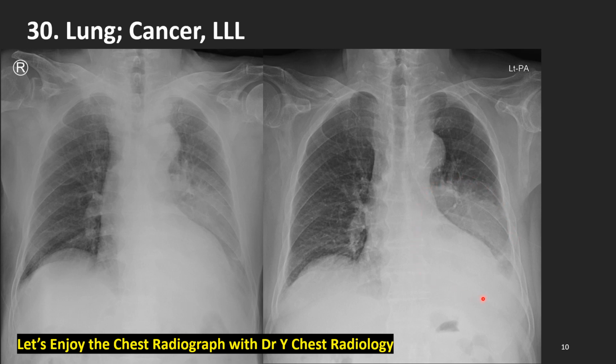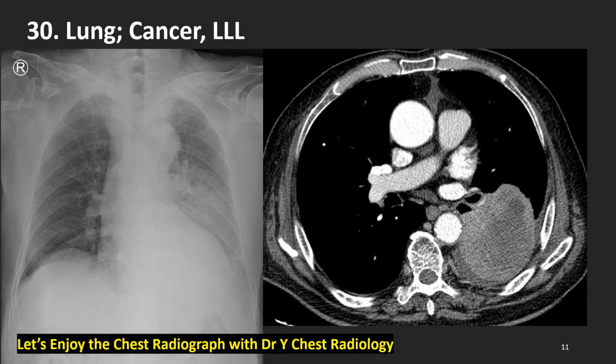Almost the same. The only difference is image quality. The answer is a left lower lobe large adenocarcinoma with small pleural effusion. This lesion is not affected by gravity direction, whether from up to down or from front to back. It is just in the left lower lobe location, without touching the heart border of anterior location.